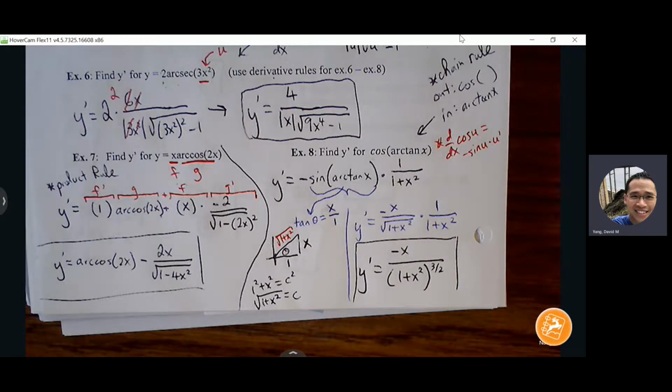Okay, so page 17, try number 39. The rules are at the top of the page.